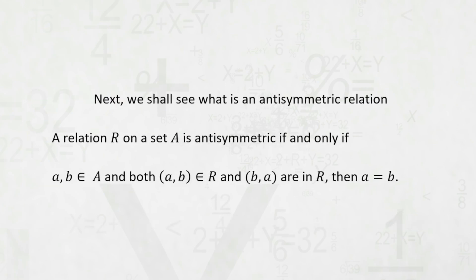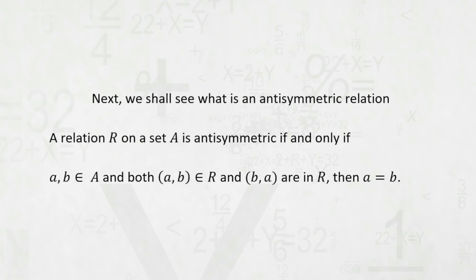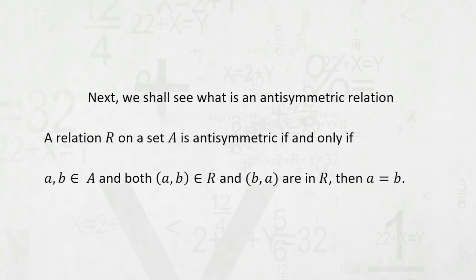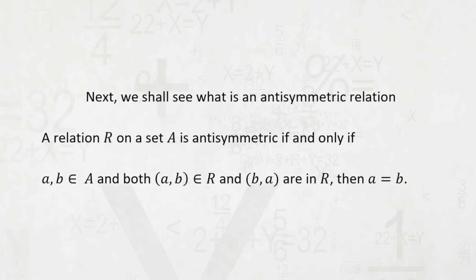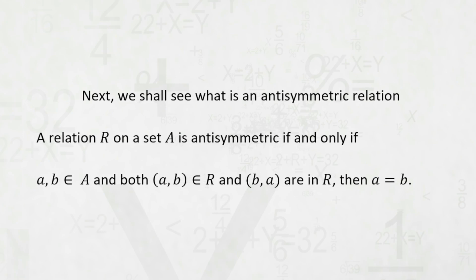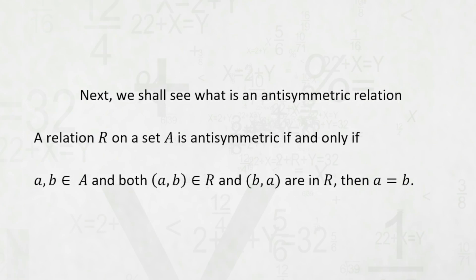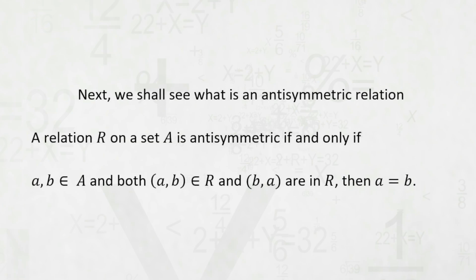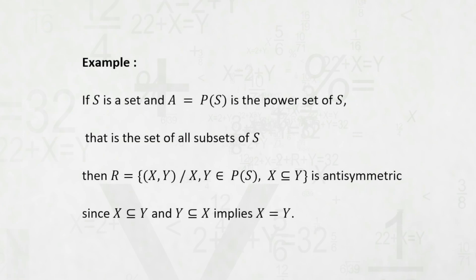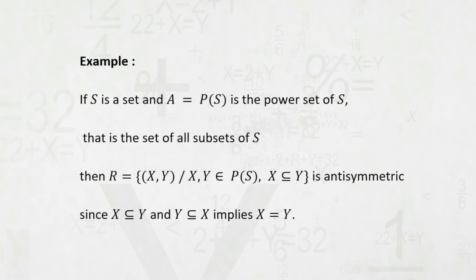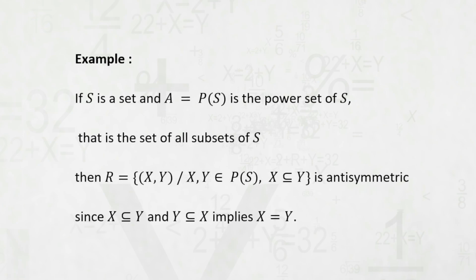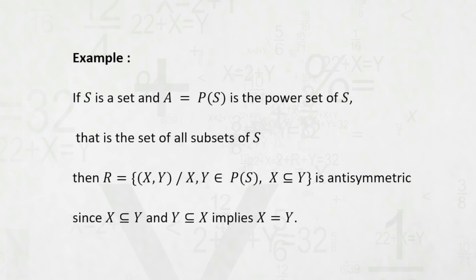Next we shall see what is an antisymmetric relation. A relation R on a set A is antisymmetric if and only if a, b belong to A and both (a, b) belongs to R and (b, a) are also in R, then a is equal to b. Example, if S is a set and A is equal to the power set of S, that is the set of all subsets of S, we denote it by P(S).